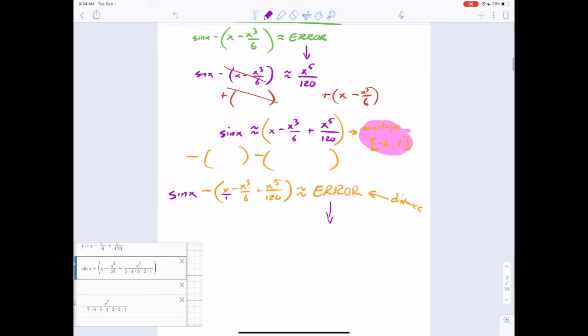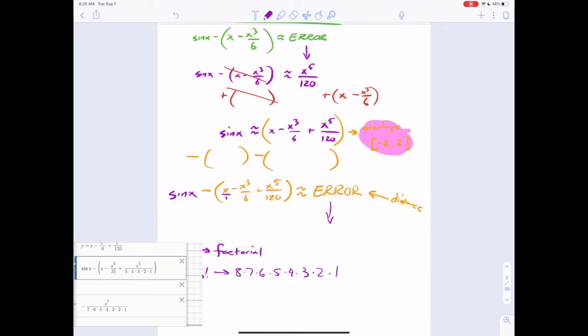So I'll write in your notes here, this represents your factorial. Okay, it's a very short way of writing everything times 1 less, times 1 less, times 1 less, all the way down to 1. All right, so for instance, 8 factorial would just be 8 times 7 times 6 times 5 times 4 times 3 times 2 times 1.